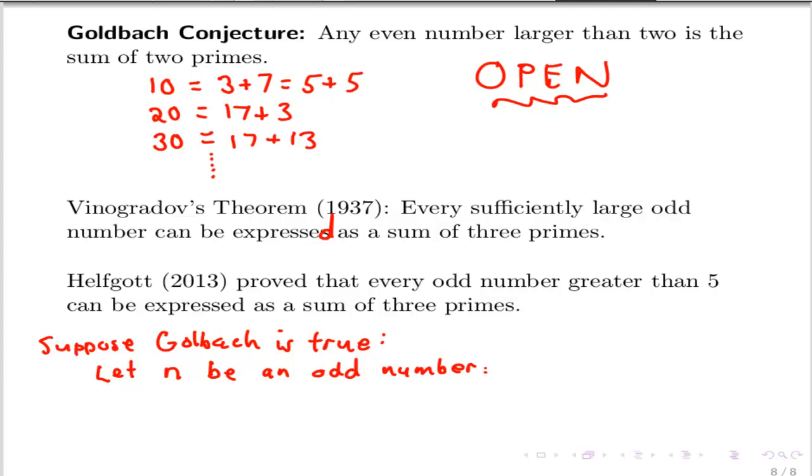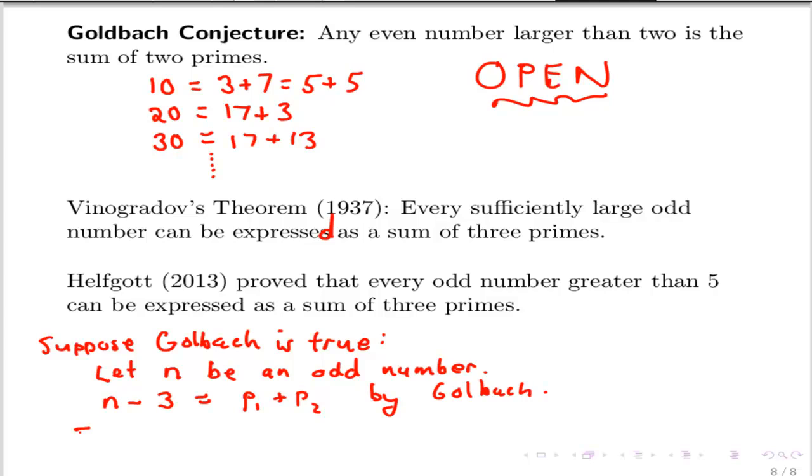So, well, why don't we just subtract 3 from n? What type of number is that? So n minus 3 is an odd minus an odd. That's an even number. And so if the Goldbach conjecture is true, this would be a P1 plus P2 by Goldbach, a sum of 2 primes.